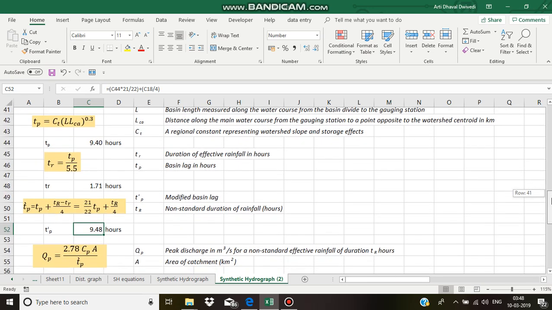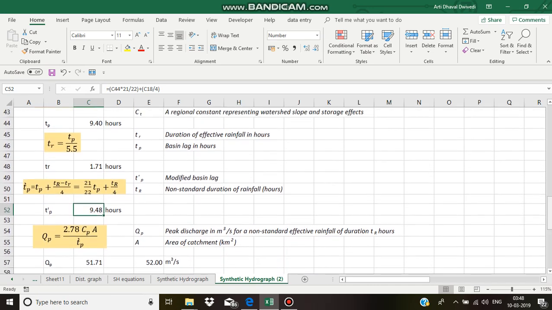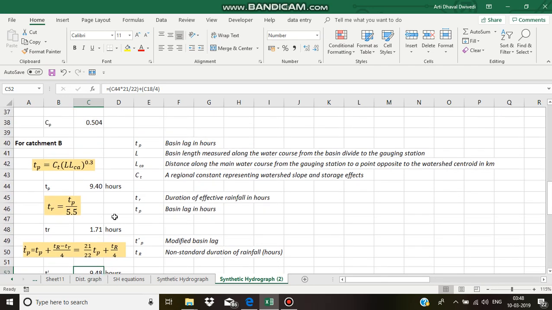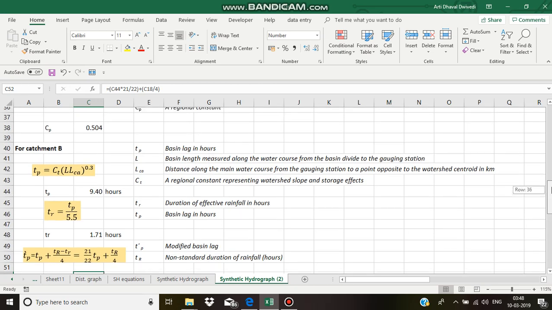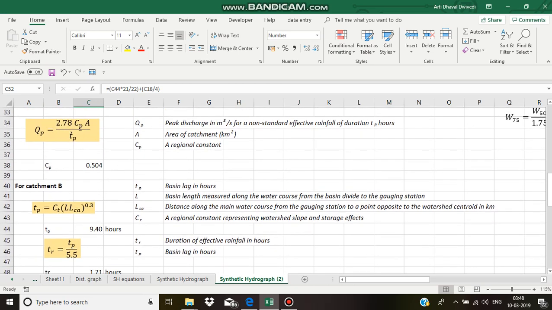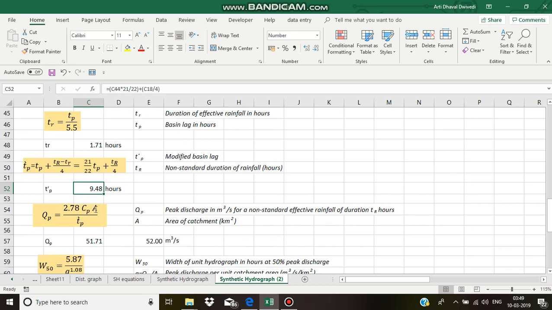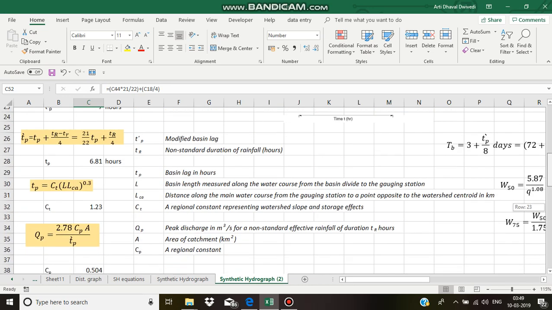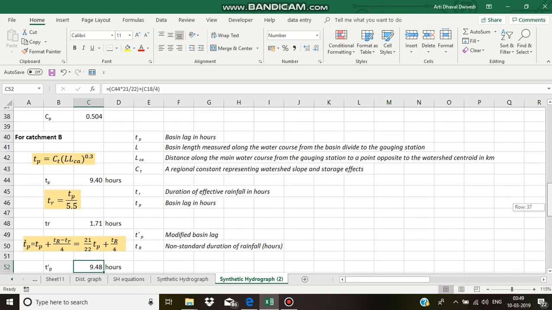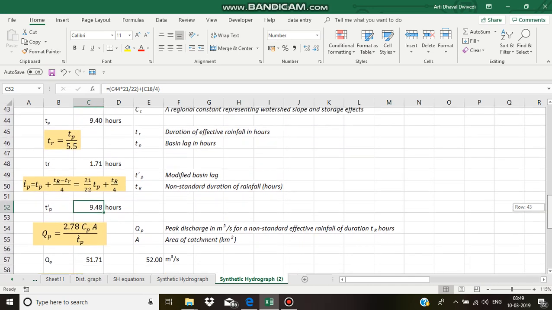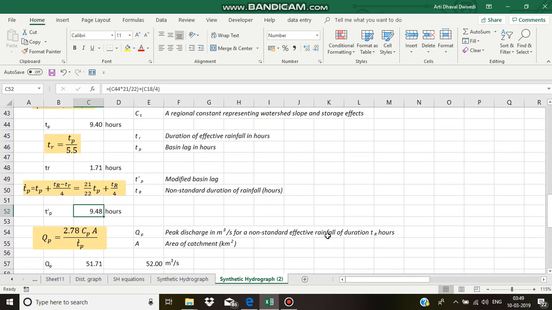And we'll use this value of T dash P in this equation to obtain the peak discharge. 2.78 into Cp, Cp was already obtained, 0.504, using this equation for catchment A. Okay, Cp into A, area of catchment B, 350 kilometer square, and T dash P 9.48 hours.